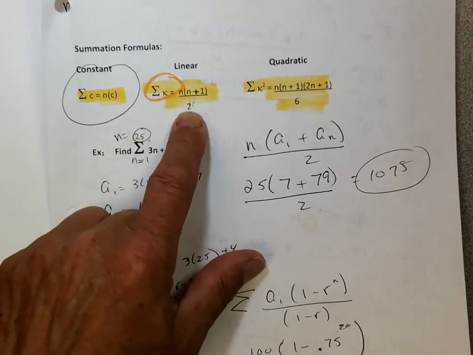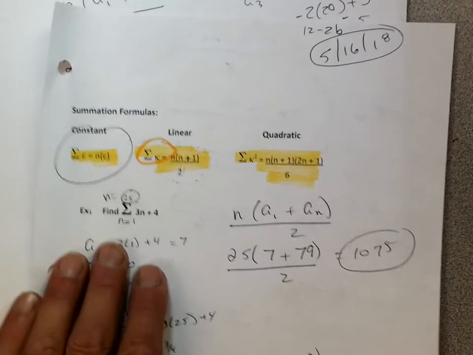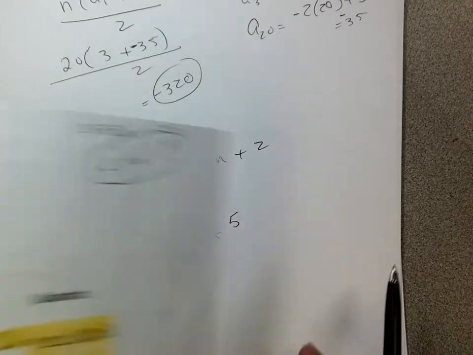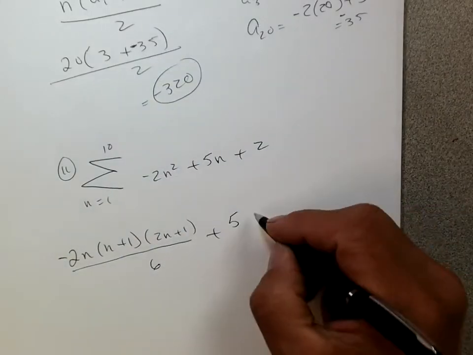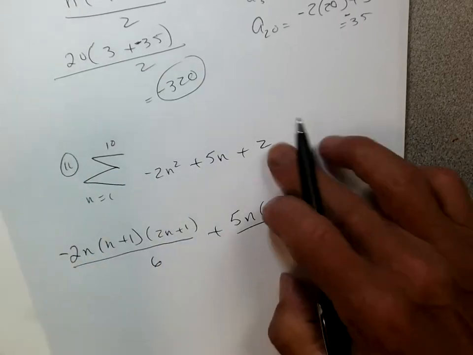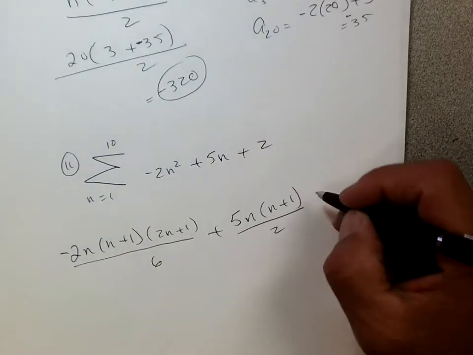This is the one where we have to combine all three? Yep. How do we know that? Great question. When you see the squared. And there's my constant term, which is just 2 times n.